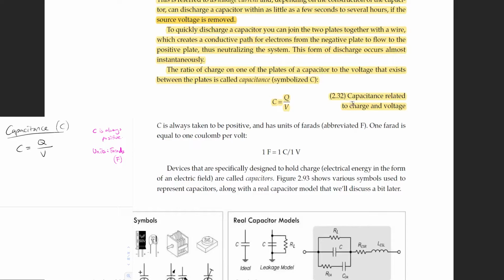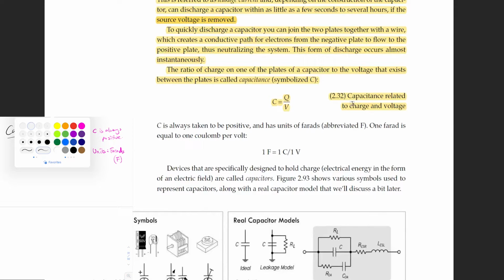Farads, like Harrods. That's F. 1 farad is equal to 1 coulomb per volt. I'm not really comfortable with coulombs, but okay. 1 coulomb is like millions of electrons flying past 1 point in 1 second, right?